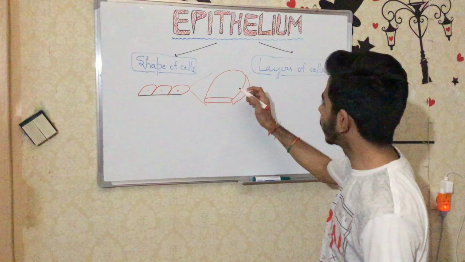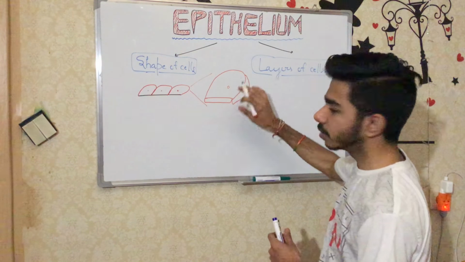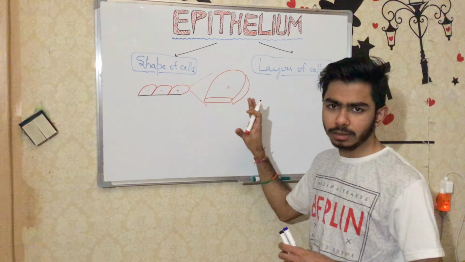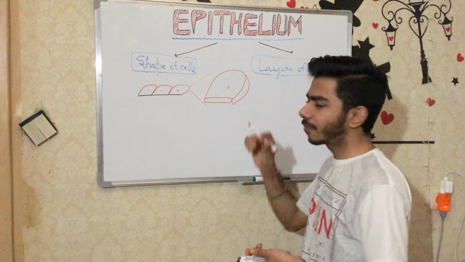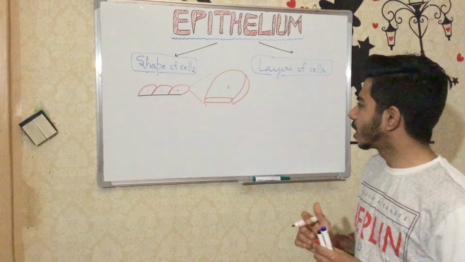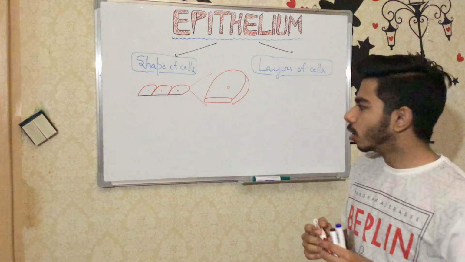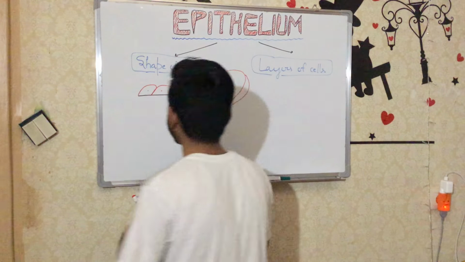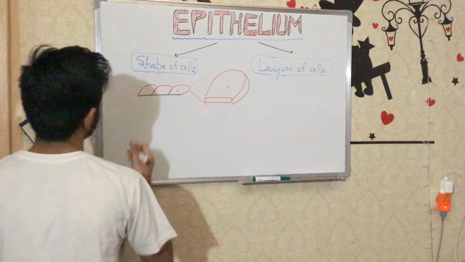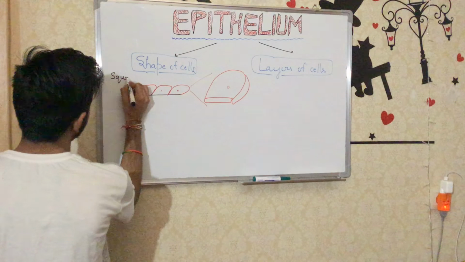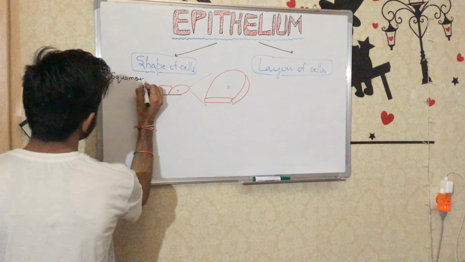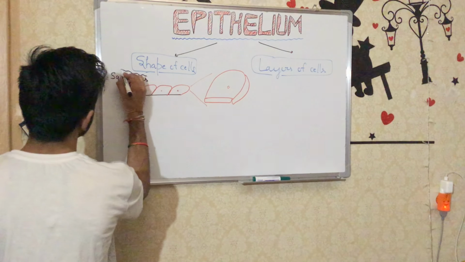This is the nucleus, and this is somewhat flatter, a somewhat flat surface. So these are very thin cells, flat cells, or we can say these are squamous cells.